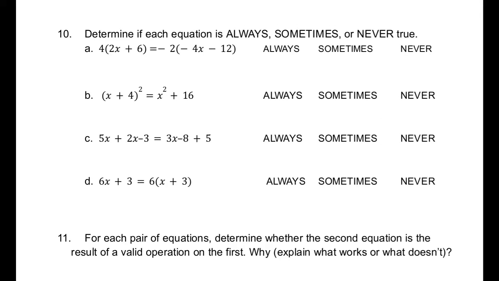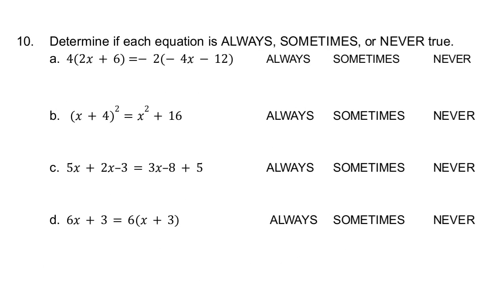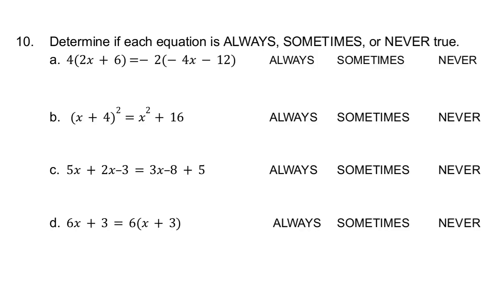In this case, you should probably try to algebraically see if these things work out. So, for example, letter A, we have a 4 on the outside of the parentheses. What would you do here to simplify just the left-hand side of that equation? Yeah, that is distributing.